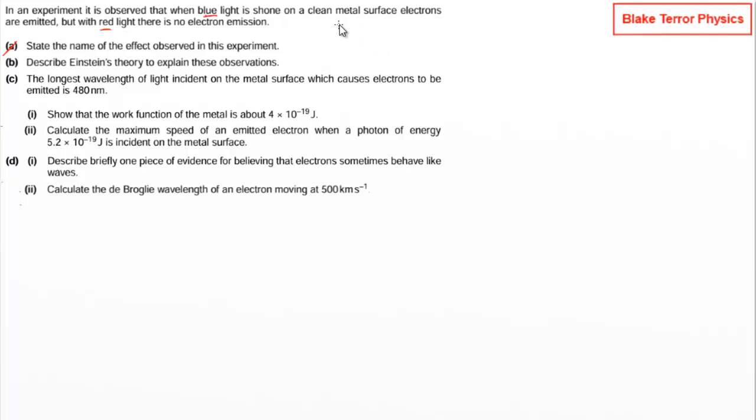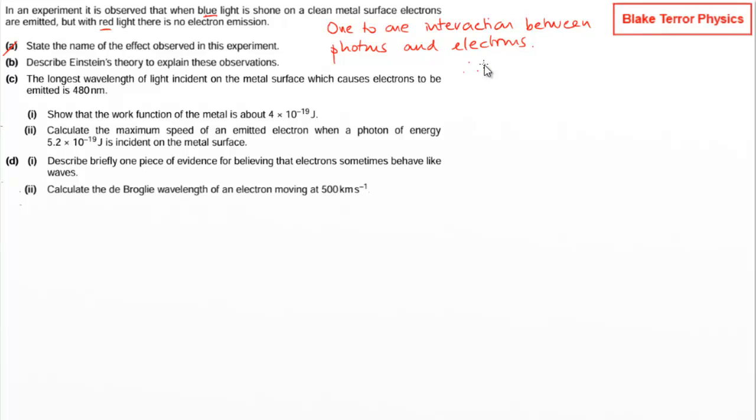So we want to start off by saying that there is a one-to-one interaction between photons in the light and electrons. So why is that important?